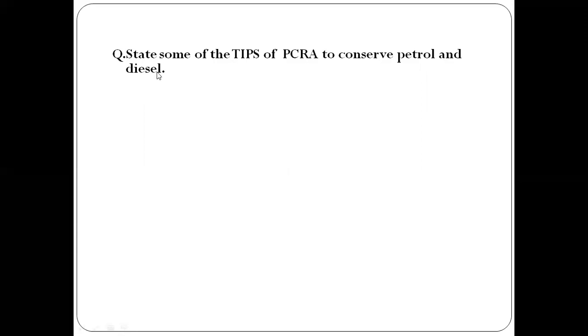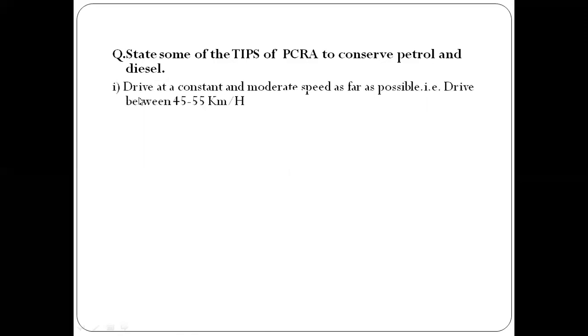Now we shall try to state some of the tips of PCRA to conserve petrol and diesel. Drive at a constant and moderate speed as far as possible. That is, drive between 45 to 55 kilometers per hour.